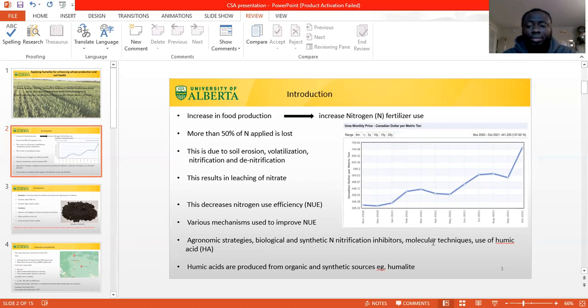And also you have the use of humic acid, which is found in organic amendments. An example is humalite, which contains a lot of humic acid and which is of really critical importance to this research.